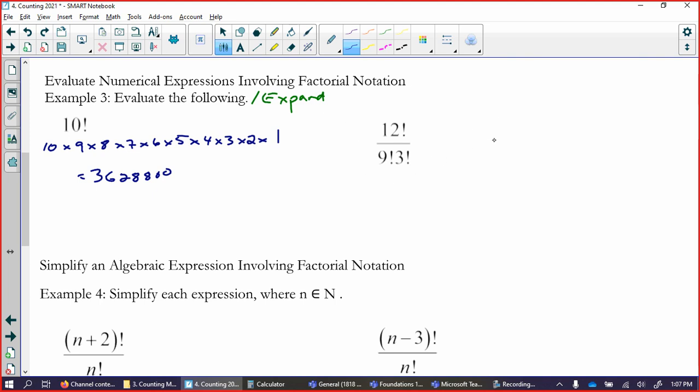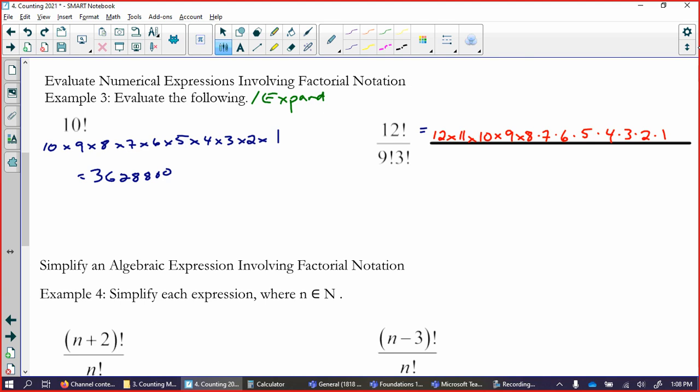For one like this, I'm going to write out 12 factorial. I'm just writing those out, and I change to dots just to save space.